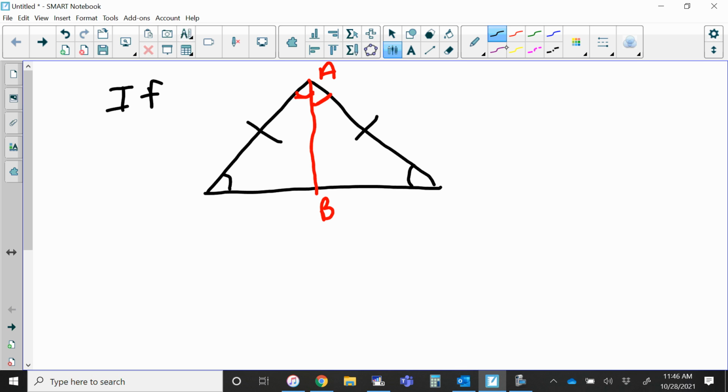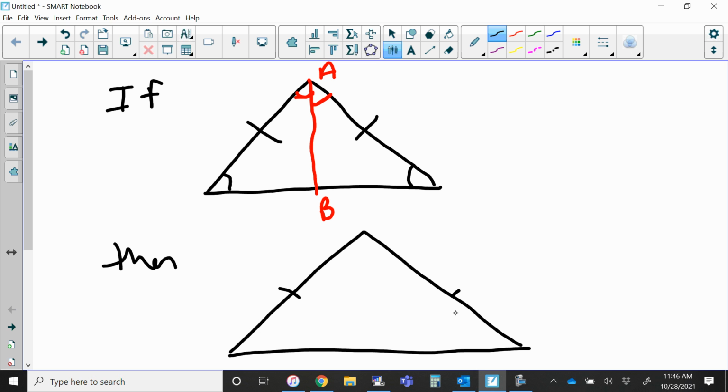Then this is what you can tell me. Not only is that line AB an angle bisector, but it is actually a perpendicular bisector to this other side.